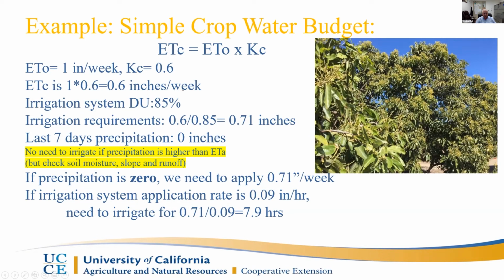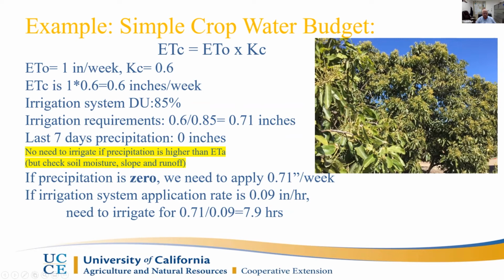That's how much my trees lost over the last week. If I have irrigation system distribution uniformity or efficiency of 85%, not everywhere in the field is going to get the same amount. So in order for me to compensate, I need to take that 0.6 and divide it by my irrigation efficiency. And that will come up to about 7/10 of an inch.